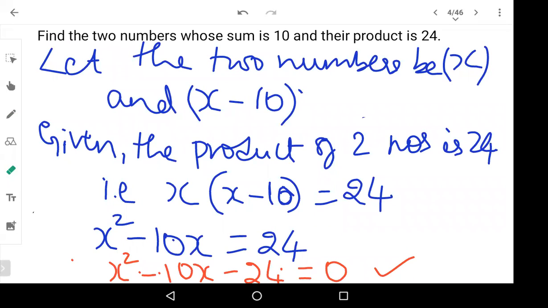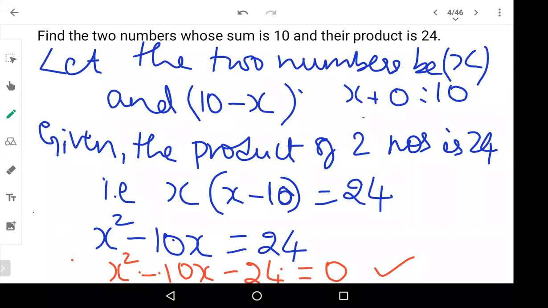Yeah, so this here is the problem. This is supposed to be 10 minus x. Why 10 minus x? x plus the other number is equal to 10. So the other number is nothing but 10 minus x, right? Yeah, correct. x is equal to 6, x is equal to 4. So this should be 10 minus x.